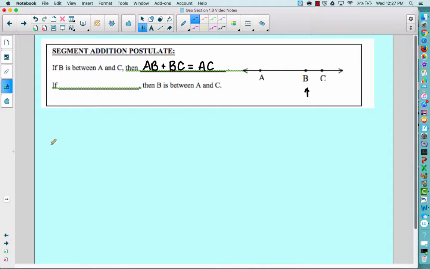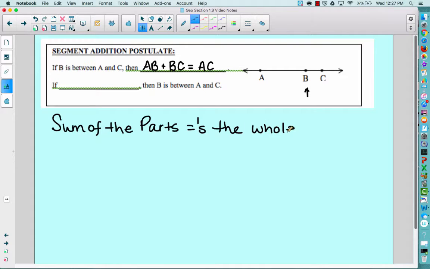What I like to think about when I'm thinking about the segment addition postulate is that the sum of the parts equals the whole. The sum of the parts equals the whole. Now, the same can be true if I flip that around.